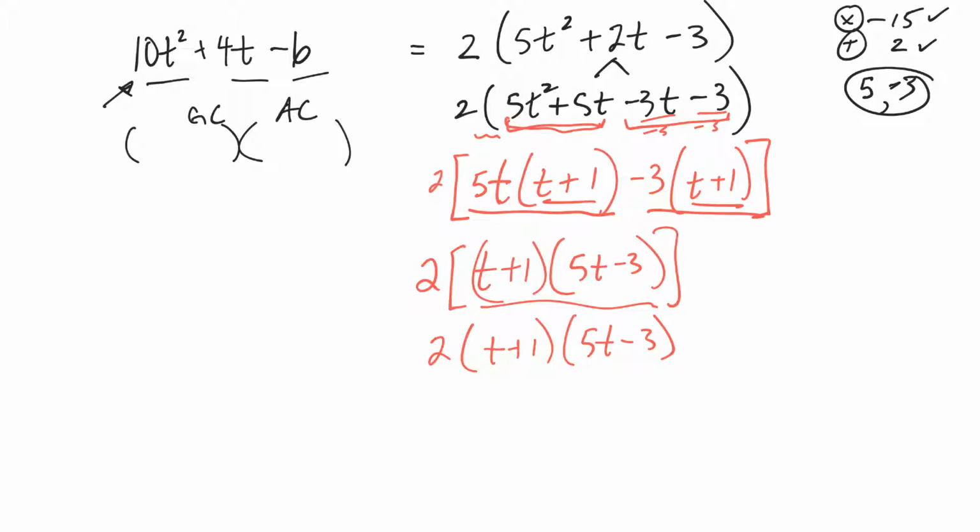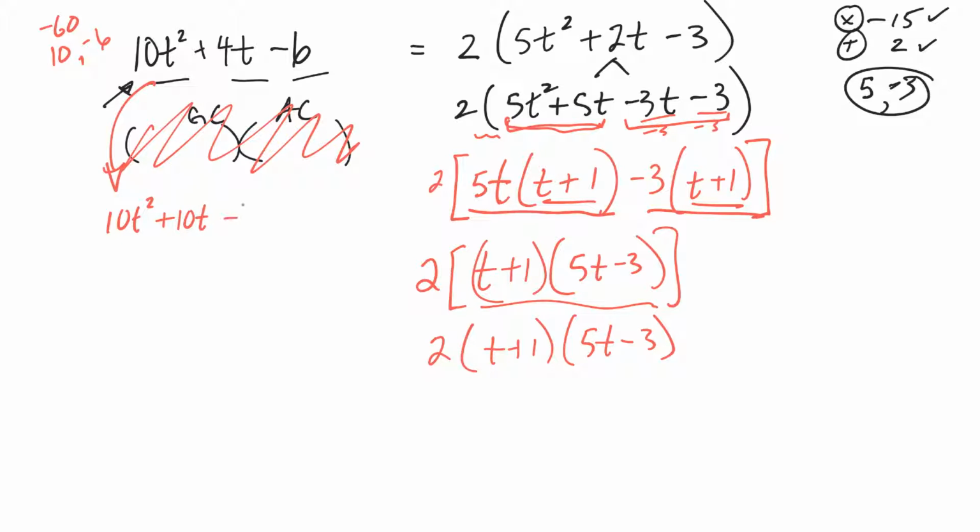Now, let me show you another way here. With this one, you could have left it like that and done 10 times 6 is minus 60. Two things that multiply to minus 60 and add to 4 would be 10 and negative 6. So you could have gone 10t squared plus 10t minus 6t minus 6.